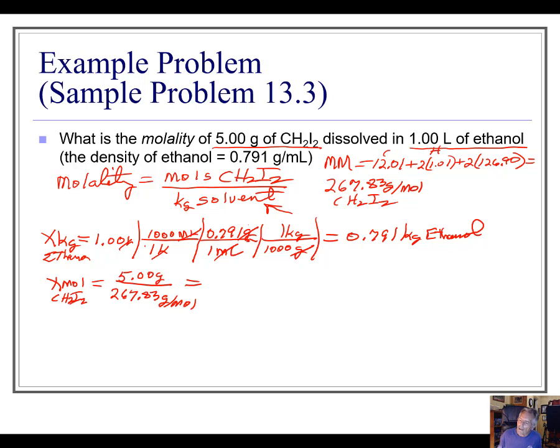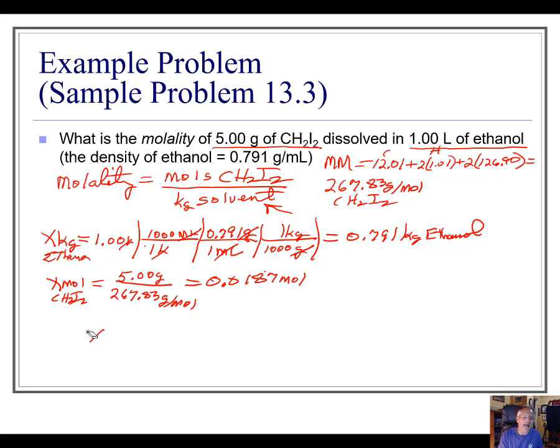And to 3 significant figures, that gives me 0.0187 moles.